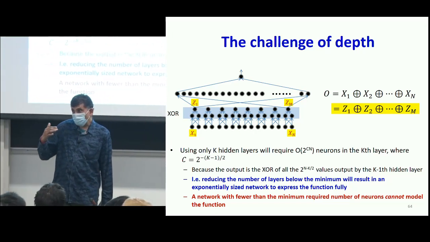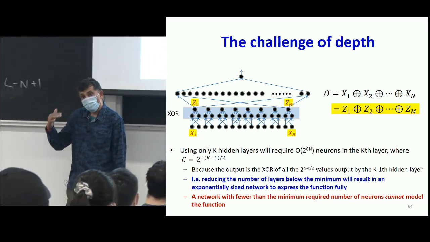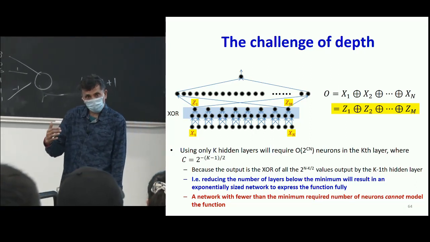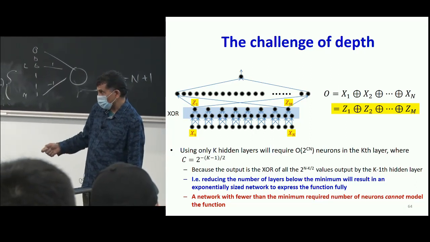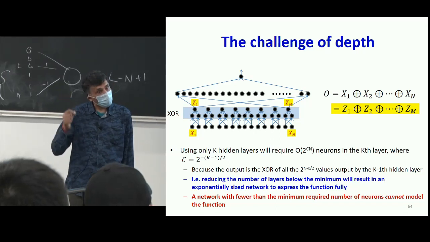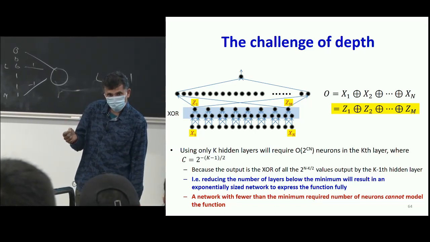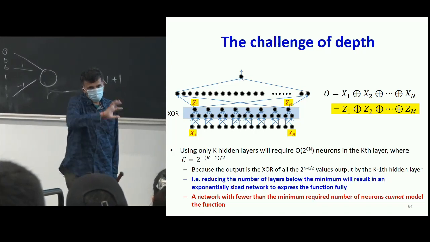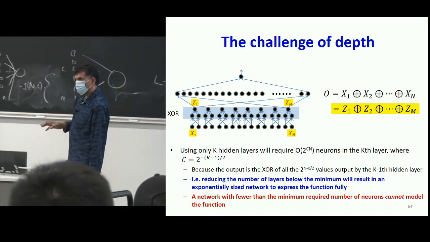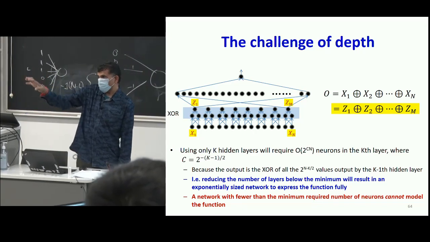So what this means is that any time you have a fixed depth network, regardless of the size of the input, that network will have to be exponentially sized if you want to capture the worst case functions. Any questions?